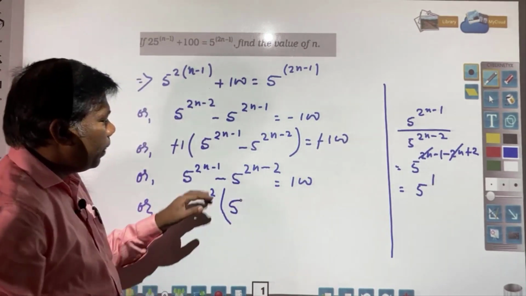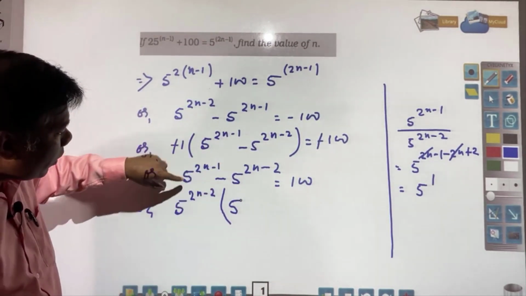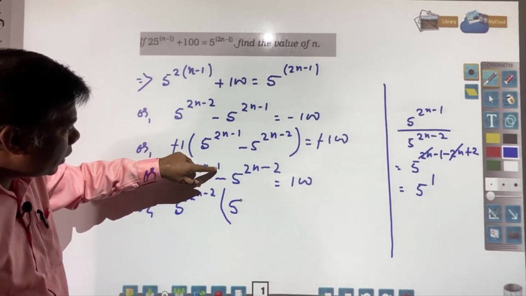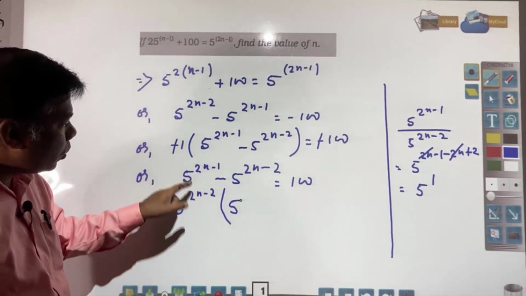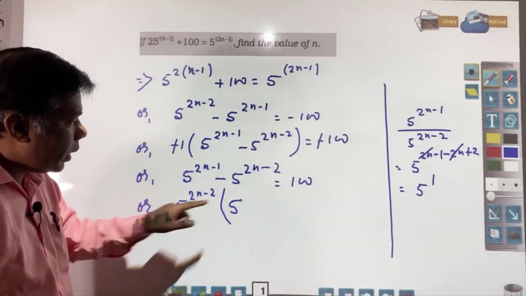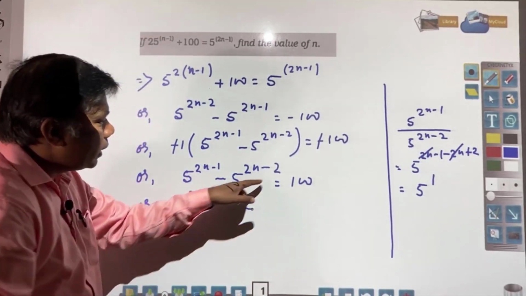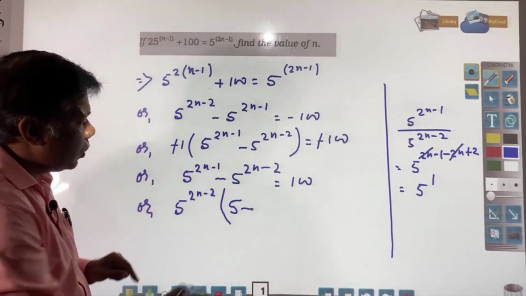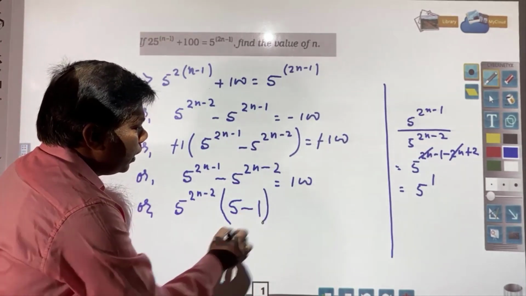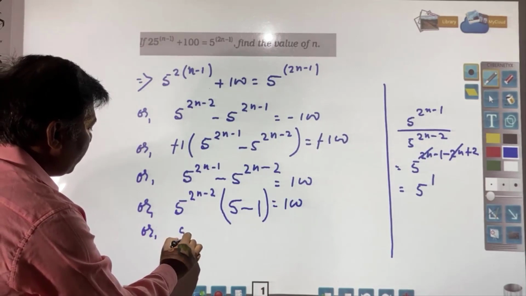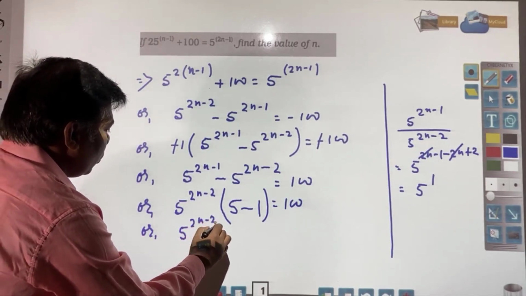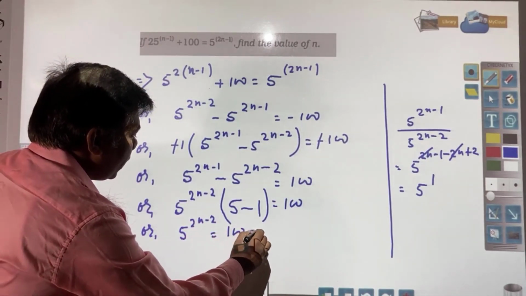If you are taking common 5 to the power 2n minus 2 from 5 to the power 2n minus 1, you are left with 5. Minus, this already you have taken out, so you are left with 1 over here, and that will be 100. Or 5 to the power 2n minus 2 will be 100 by 4.